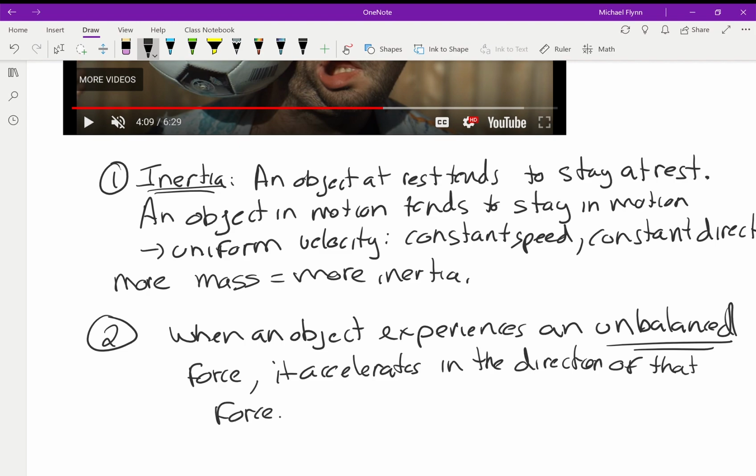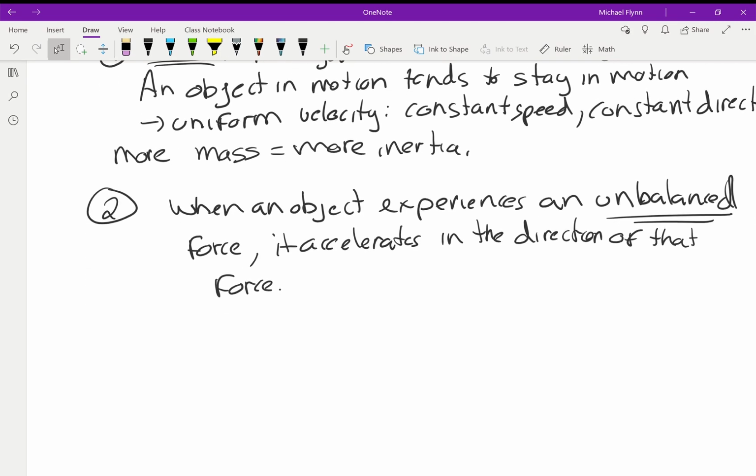Now these words don't do it justice, so Newton wrote an equation. The amount of acceleration you get is proportional, not equal to, but proportional to how much force you get. We call this the net or unbalanced force, sometimes the net force acting on an object.